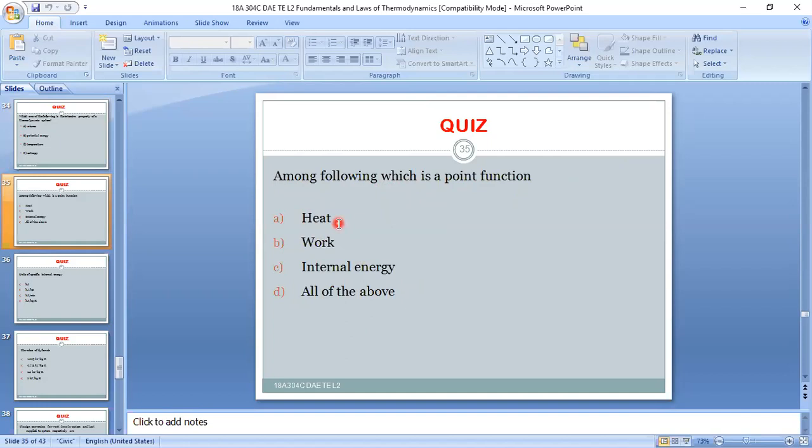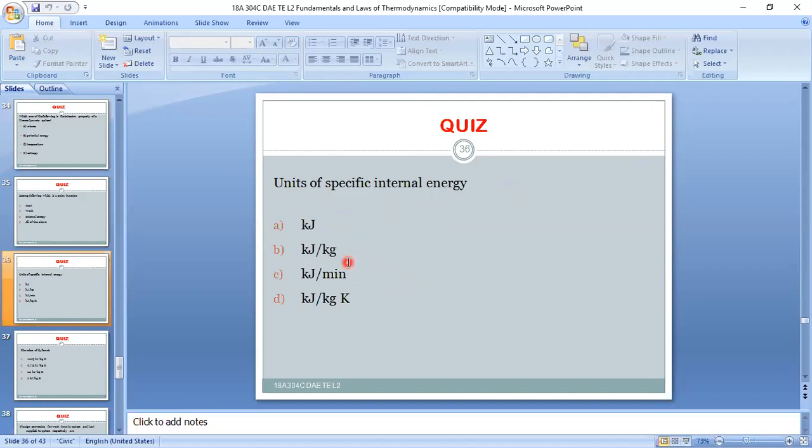Heat is a path function, work is also a path function, whereas internal energy depends on the states, that is why it is the point function. And the units for specific internal energy: kilojoule is not the right answer, kilojoule per meter is also not right, kilojoule per kg Kelvin is not right, only kilojoule per kg is the specific internal energy.